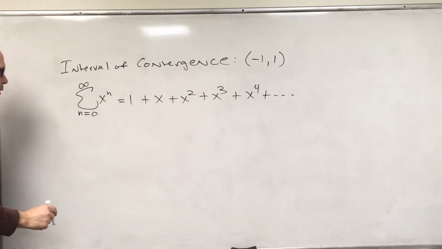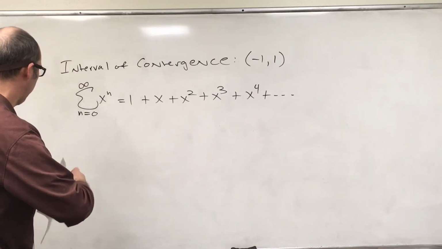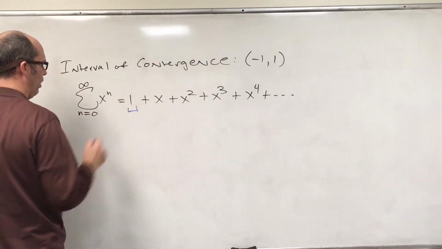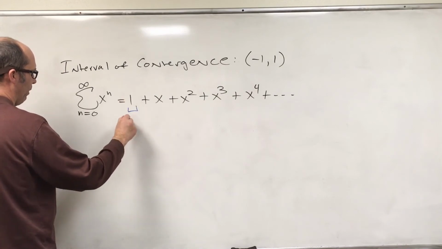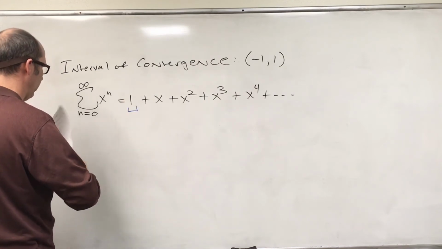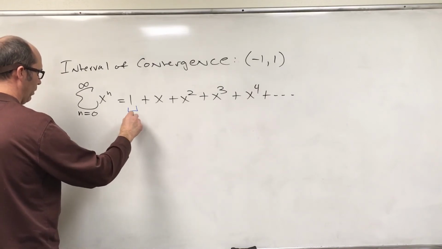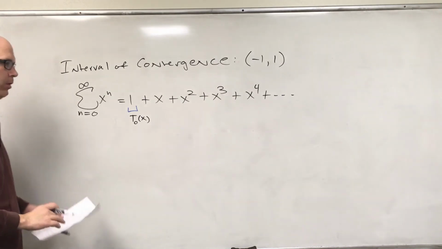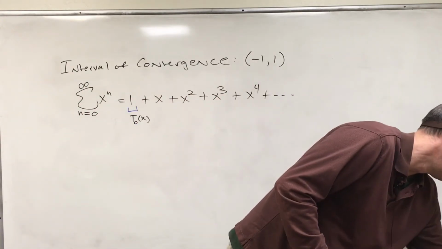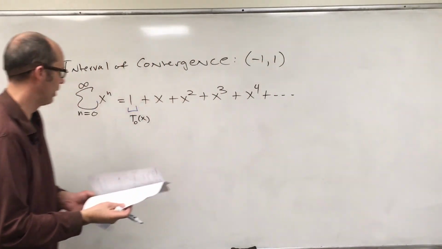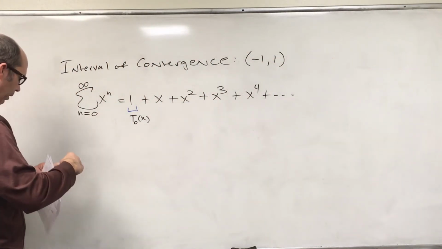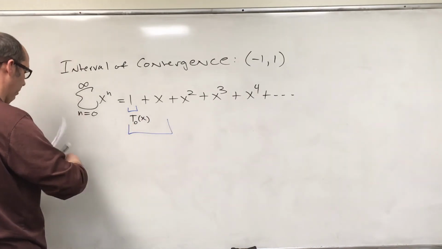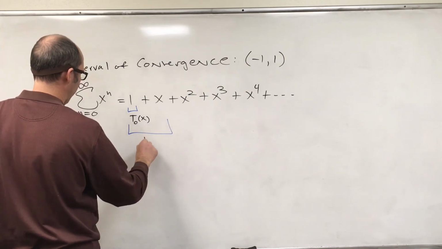Okay, now I just want to draw one more connection here. This number right here, this is my constant Taylor polynomial. This right here, this is my linear Taylor polynomial.